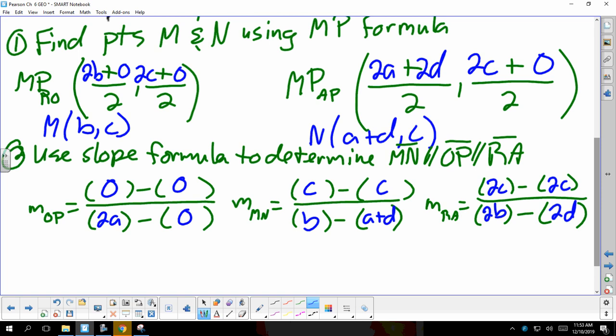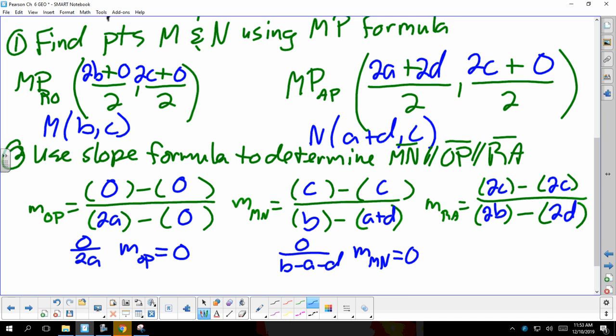So 0 minus 0, I end up with 0 over 2a. 0 divided by anything is 0, so the slope of OP is 0. C minus C is 0, and I have B minus A minus D on the bottom, but 0 divided by anything is 0. So the slope of MN equals 0. 2C minus 2C on the top there is 0, so I have 0 over 2B minus 2D.